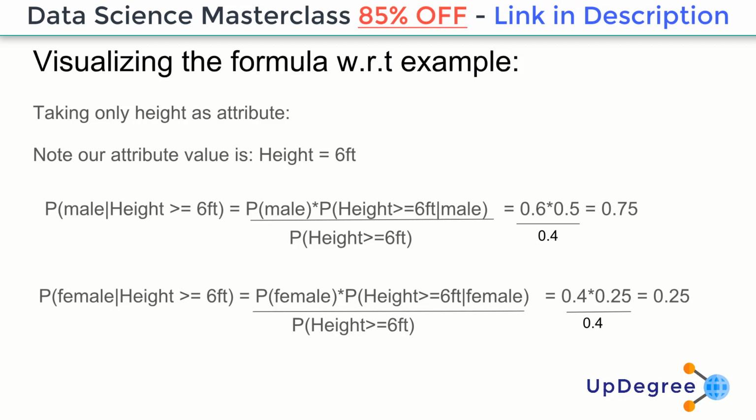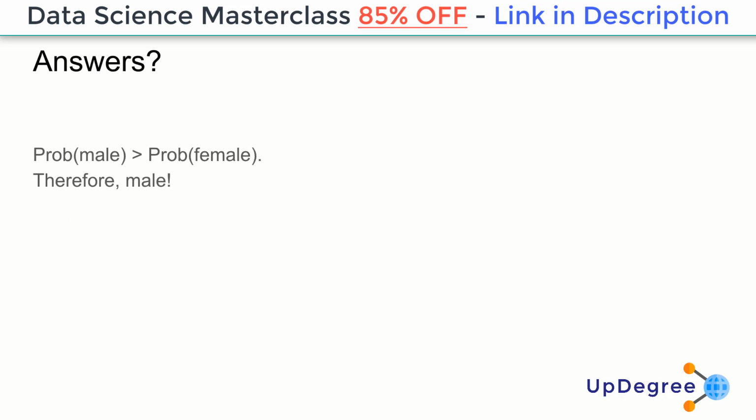Well, they're just 1/4. 10 out of 40 females are more than 6 feet. So that is 0.25. And then dividing it by the normalizing factor of 0.4, we get 0.25. So 0.75 and 0.25 add up to 1, and we have a good chance of reaching the conclusion that the unknown person is a male using only the attribute of the height.